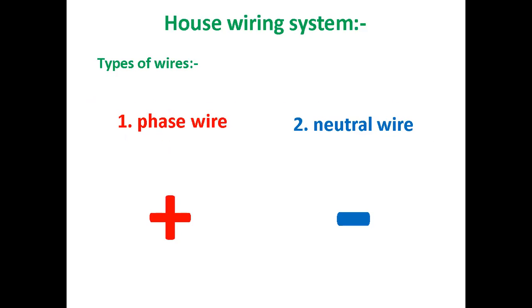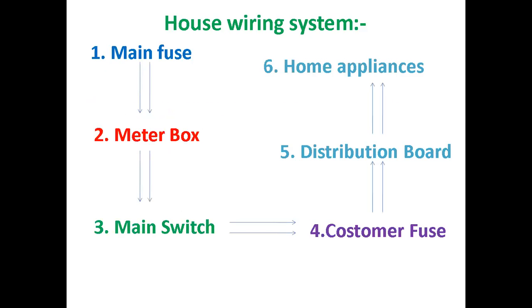Phase wire means plus, neutral wire means minus. Then in the house wiring system, mainly this is the series, the system in which house wiring is done.